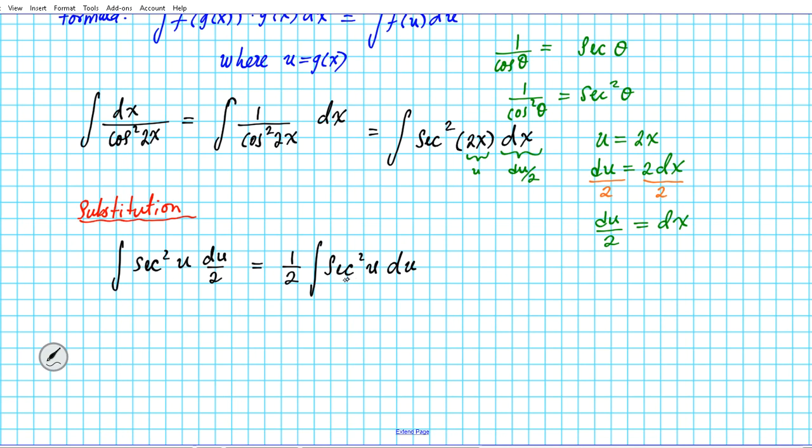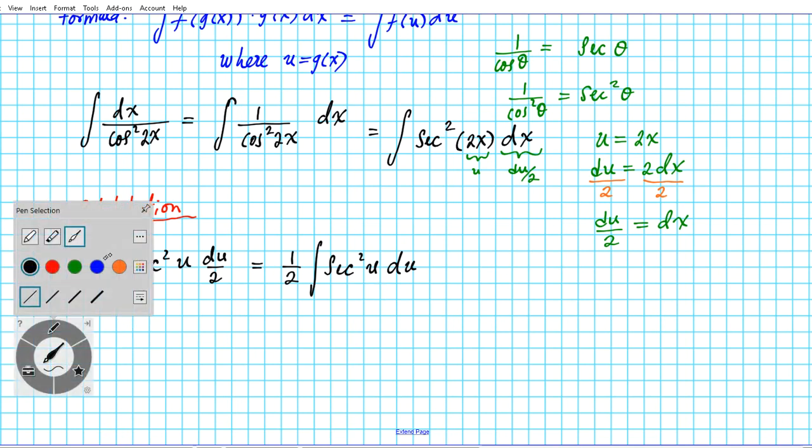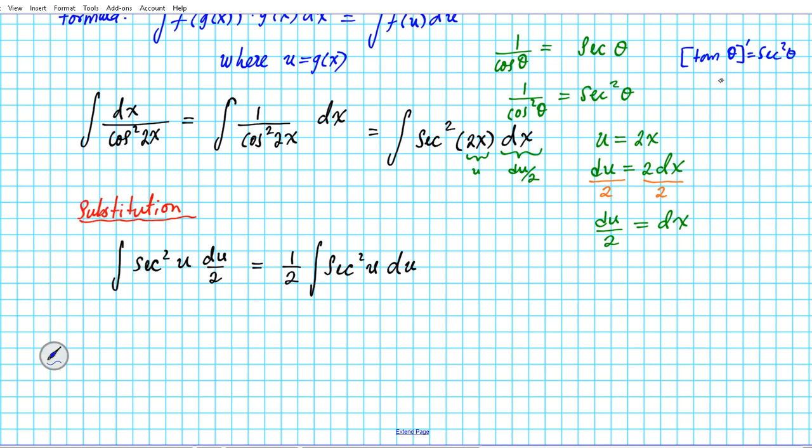Alright, so remember what the antiderivative of secant squared theta is. If you integrate secant squared theta, you end up with tan, because we know that the derivative of tan theta is secant squared theta. Let's just write that down as a refresher. If you differentiate tan, you get secant square theta. So when you integrate, you have tan theta plus c.